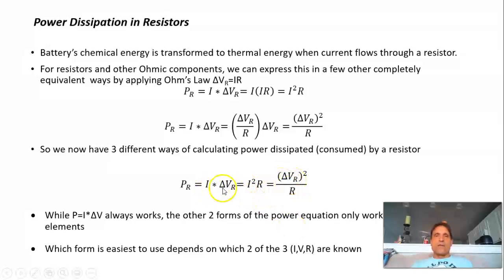And this first form always works. So depending on the problem, it may be more convenient to use one form than another. There's nothing any better. This first form, remember, always works for every component. These latter two forms only work for resistors, wires, and elements that obey Ohm's law.